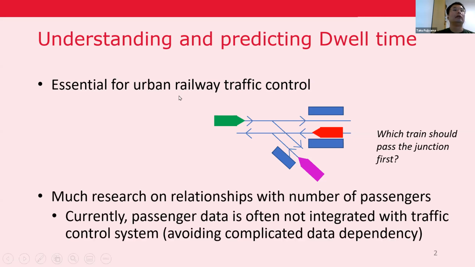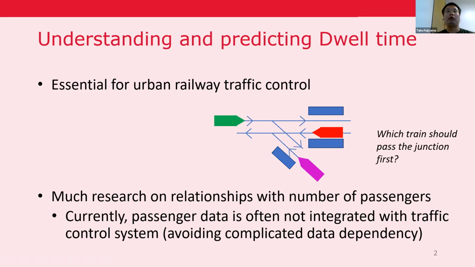We have seen a lot of research on dwell time, and most research suggests that the number of passengers may be one factor. So, in the future, it might be possible for traffic control systems to talk to passenger count systems, like ticket buyer data.